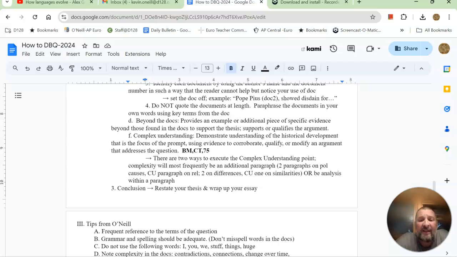Most frequently, it'll be one of your 3 body paragraphs. For example, 2 body paragraphs on political causes that answer your question, and a complex understanding paragraph on religious. Or 2 on differences, 1 on similarities. Or it could be analysis within your paragraph also. But increasingly, we're seeing the College Board setting up for the first way.